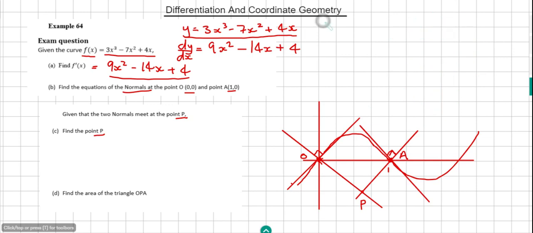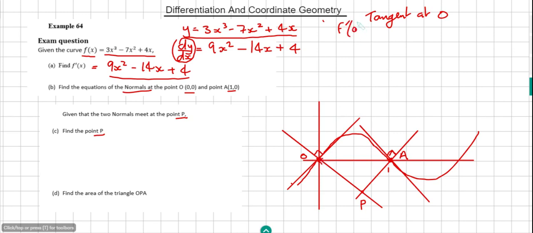So the first thing that I'm going to do is find the gradient of the tangent at O. To do that, I'm going to take my f dashed x, or dy dx, and find the value of that at x is 0.